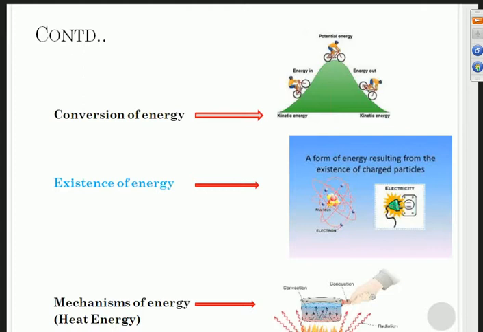So here, mechanisms of energy means I have taken the example of heat energy. Heat energy can be represented in the form of conduction, convection, radiation. This is the mechanism which they have to understand. If you take electrical energy, then they have to correlate like this so many times. That is the understanding level corresponding to the first law of thermodynamics.